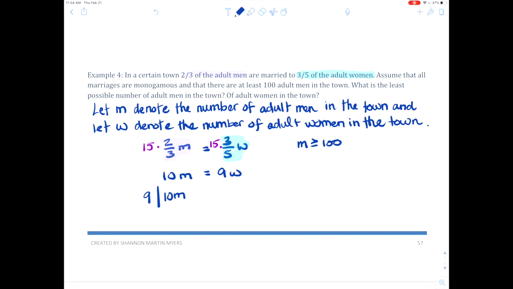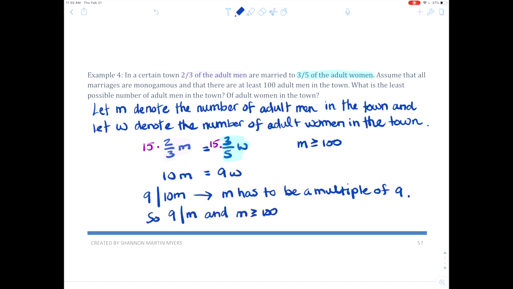Okay, well, we know 9 doesn't divide 10. So what would that mean? That would mean that m has to be a multiple of what? Good, 9. Well, the fundamental theorem of arithmetic says what? It says that 9, therefore, would have to divide m.